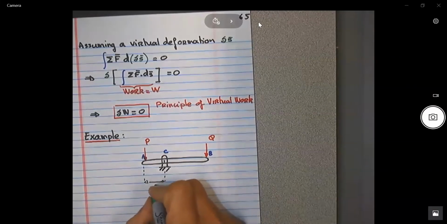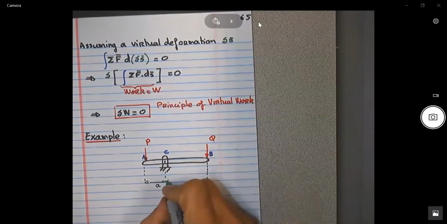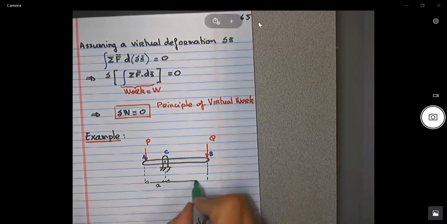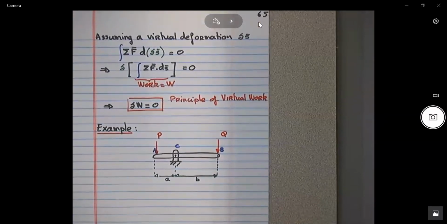That distance here is A, and that distance over here is B. Okay, so very simple problem.